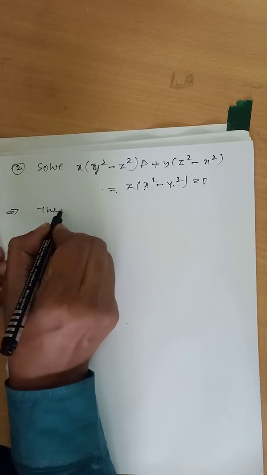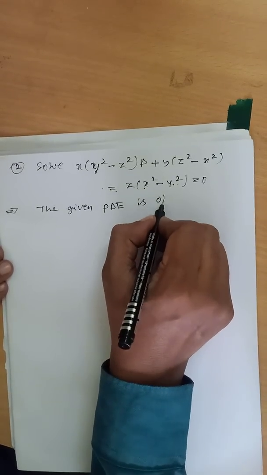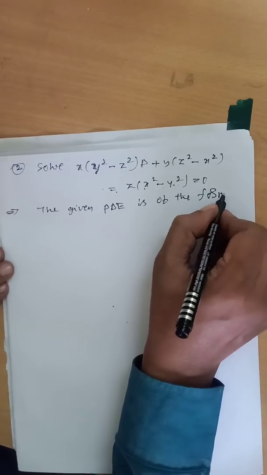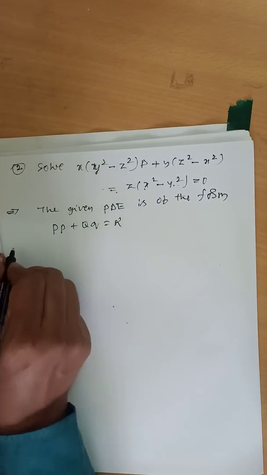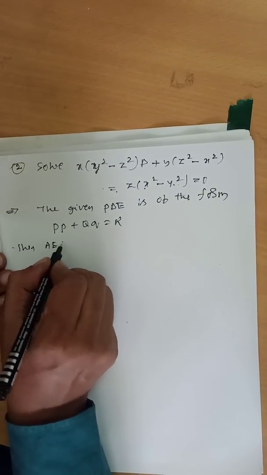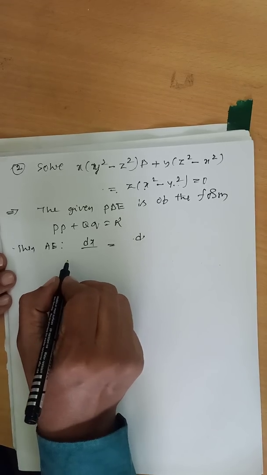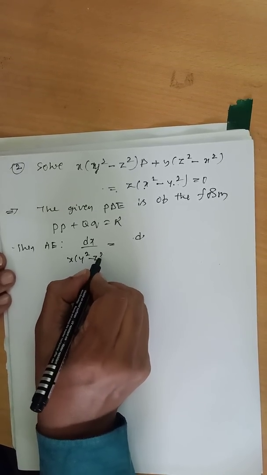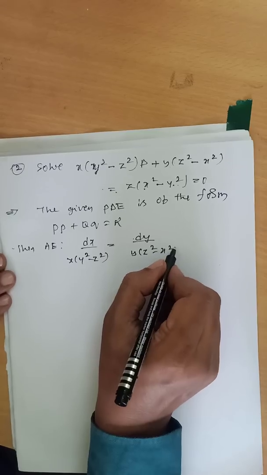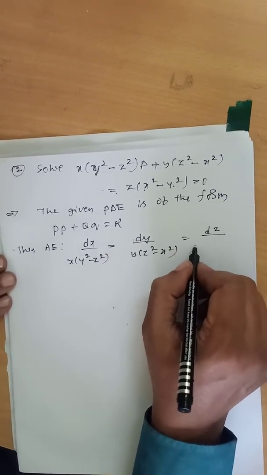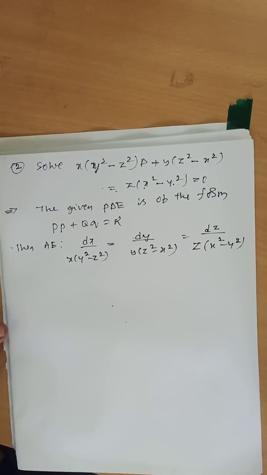The given PDE is of the form Pp plus Qq equal to R. Then the auxiliary equation is in the form of dx by capital P, that is x into y square minus z square, dy by y into z square minus x square, dz divided by z into x square minus y square. So this is the auxiliary equation.